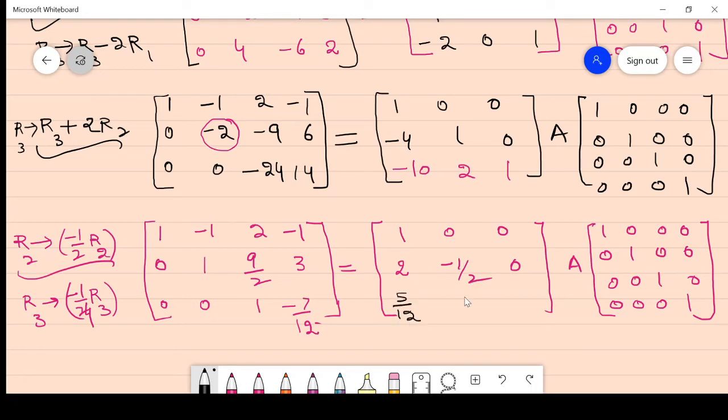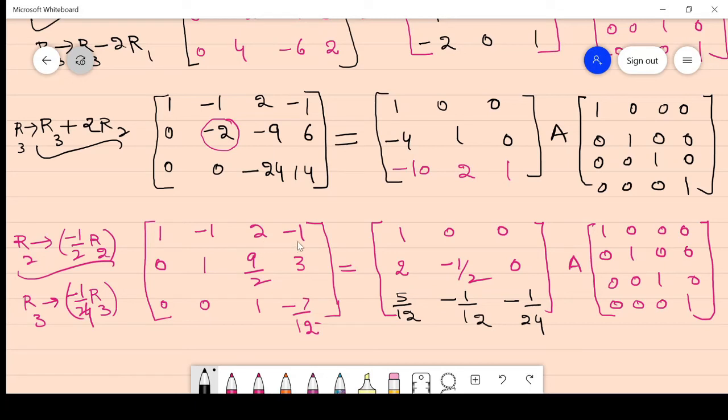So this is 2 by 24. So this is minus 1 by 12, and this is minus 1 by 24. So now the diagonal entries are equal to 1.